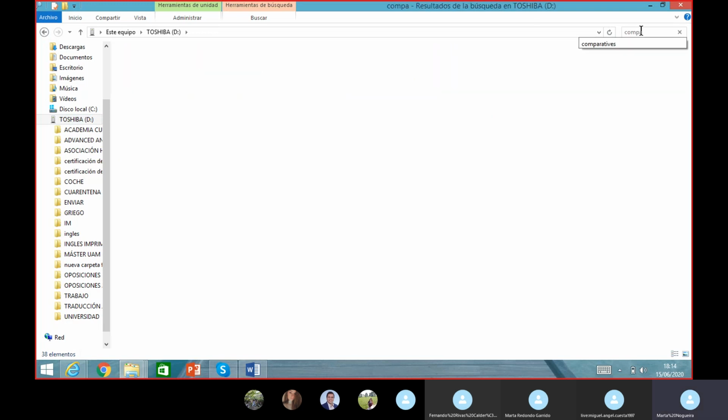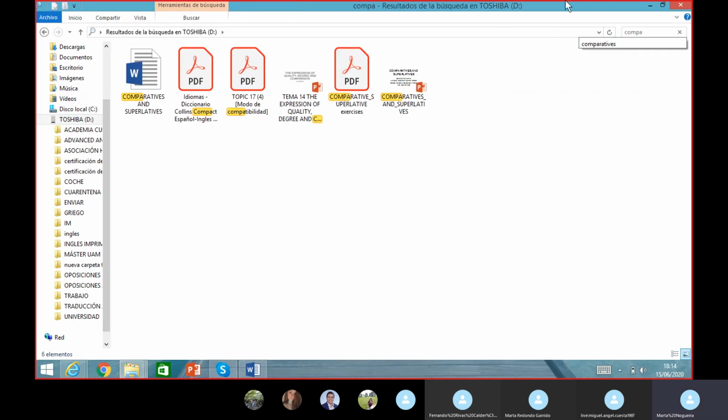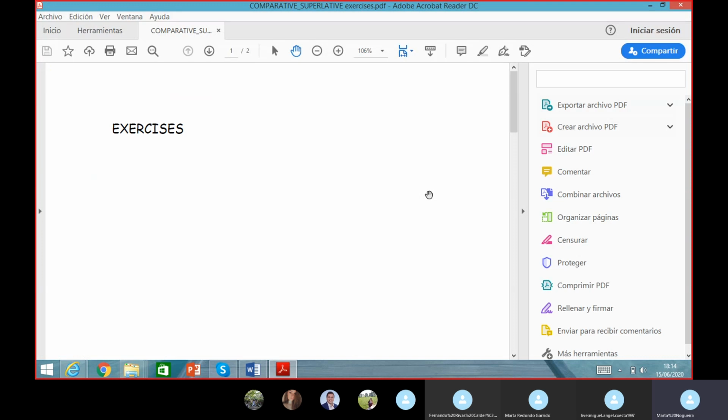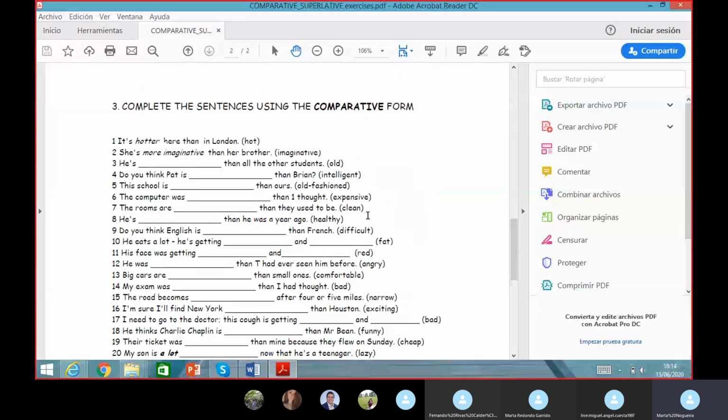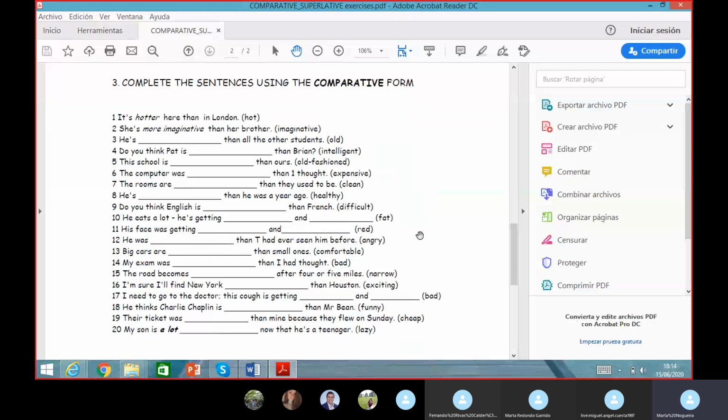I've just copied the things, comparatives. So I want to go to this exercise. I'm going to give you time to do it. I don't know if you see it well. Anyway, I'm going to pass the document.